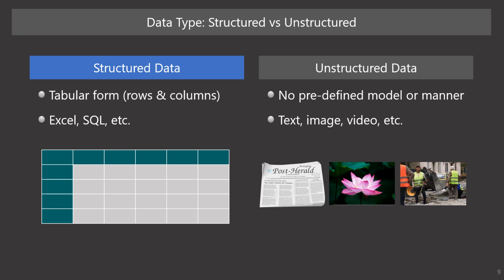Structured data is tabular form data, consisting of rows and columns. Typical examples include data stored in Microsoft Excel and relational databases like SQL. Structured data is well organized and easier to handle, so it requires less preprocessing.